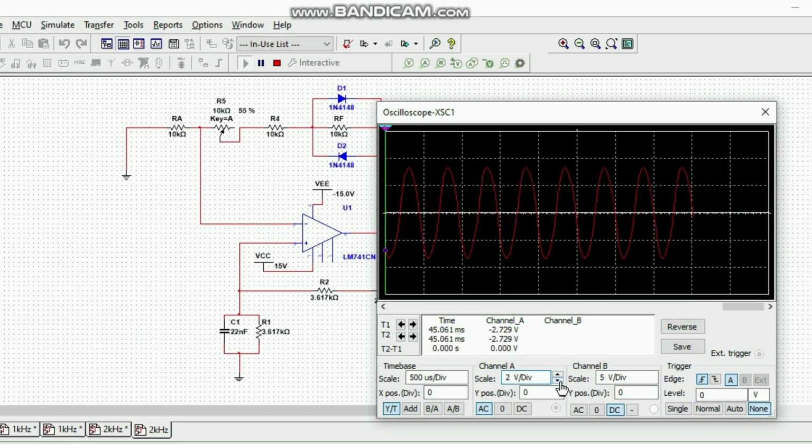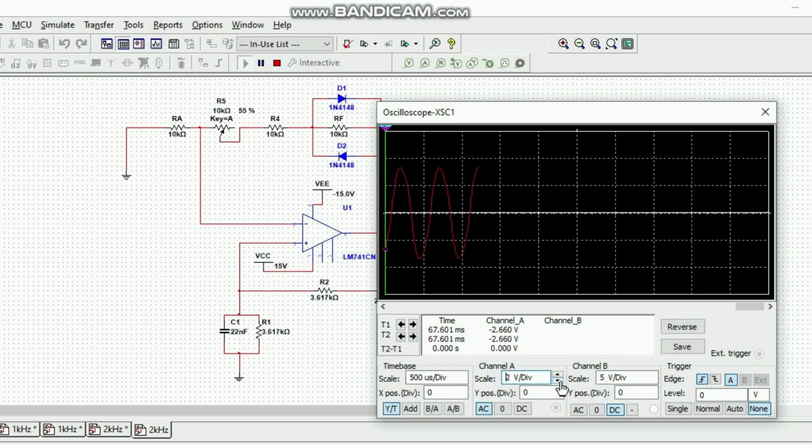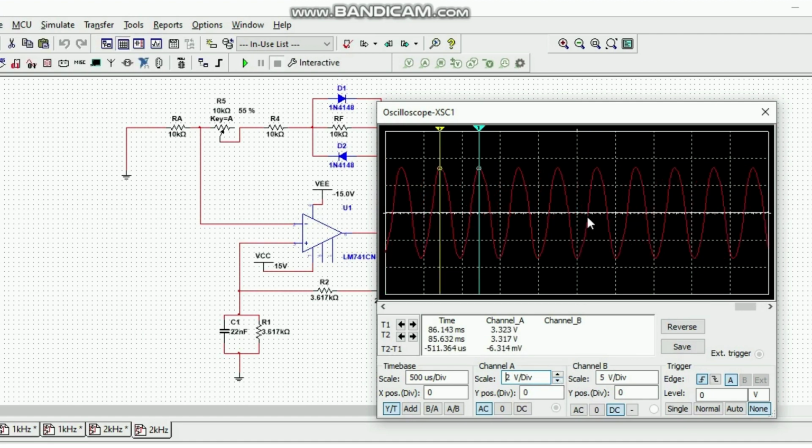We can see that the output wave is very smooth without any distortion. The period of this circuit is 511.364 microseconds, which gives us a frequency of 1955 Hz, very near to 2 kHz.